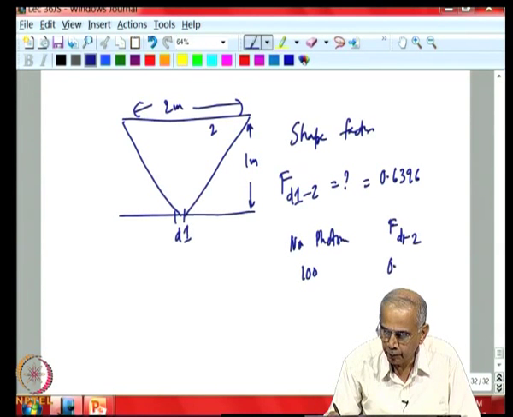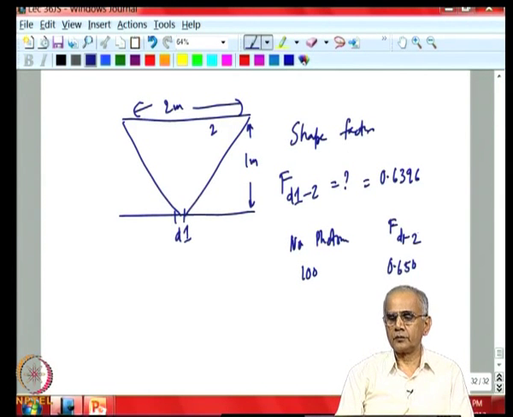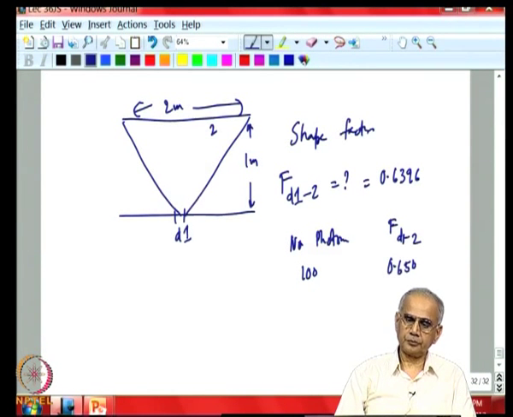He gets a value of 0.650. This is not bad, it is pretty close to what is obtained by an independent method. But suppose you are not satisfied, the error here is of the order of 0.01 by 0.6, about 6%.